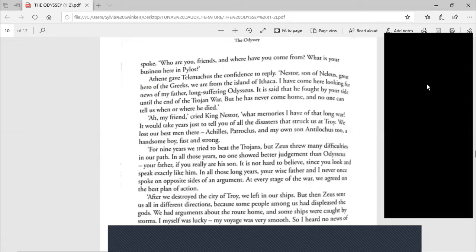Okay. Joshua? Yes, miss. Okay, what does this say about the relationship between Nestor and Odysseus? What does this paragraph say about the relationship Nestor had with Odysseus?